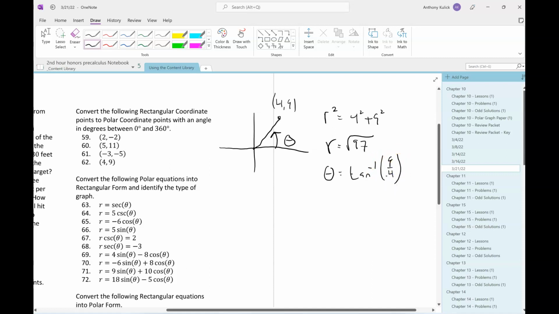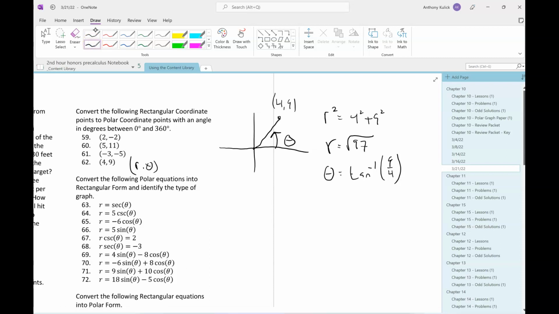Since we're in the first quadrant, I don't have to worry about anything else. And I'm done. There's my r and theta. Bingo, bongo, bungo. Is that cool?